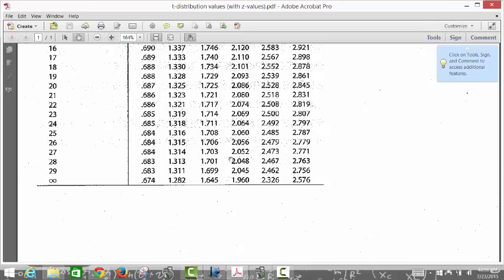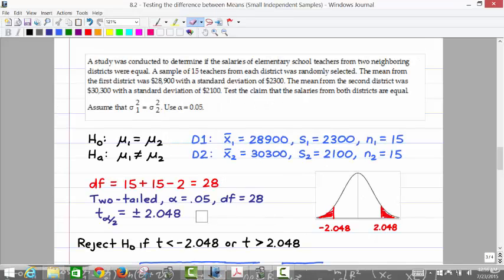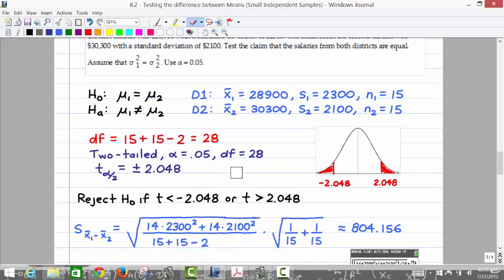And there it is, 2.048. So it's plus and minus 2.048. So our decision rule would be reject the null if t is less than negative 2.048 or if t is greater than positive 2.048. It falls in the middle, fail to reject.